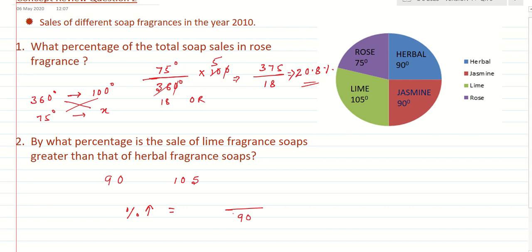Lower is the initial. How much difference? 15. That's all. So 15 by 90, correct, no? How much will you get? 16.66%. Correct.